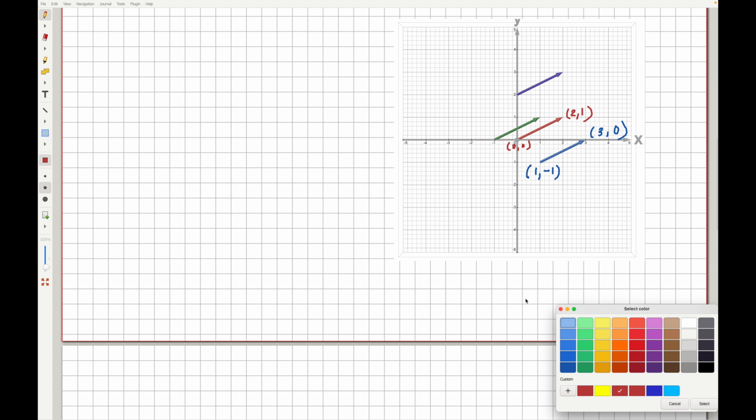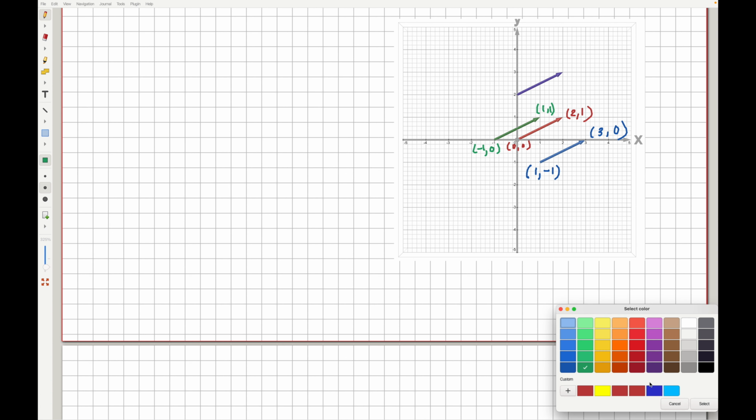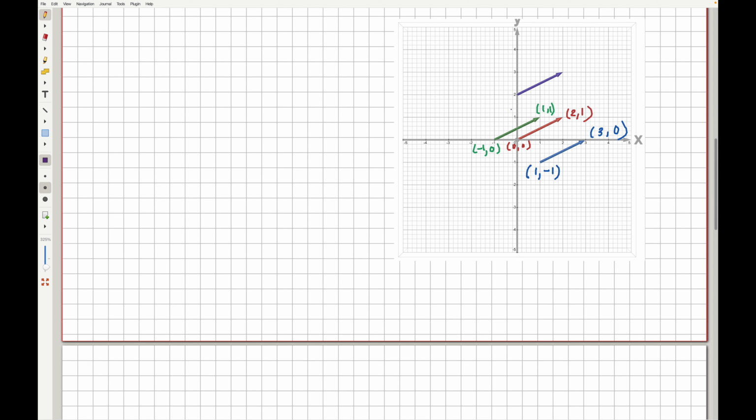Then we have the green arrow, which starts at x-axis -1, y-axis 0, and ends at 1 1. And finally we have the violet arrow, which starts at x-axis 0, y-axis 2, and goes up to x-axis 2, y-axis 3. Right. So what we are saying is that all of these vectors are similar, and we can see how that is the case.